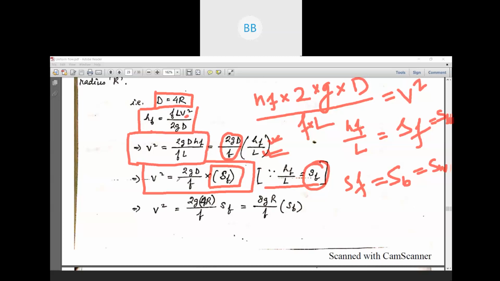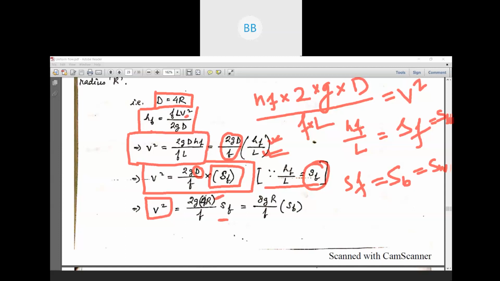Definitely here we have D, so that D will be replaced by 4R as we are discussing open channel flow. So V square will be on the left hand side, and on the right hand side, in place of D we write 4R multiplied by Sf.